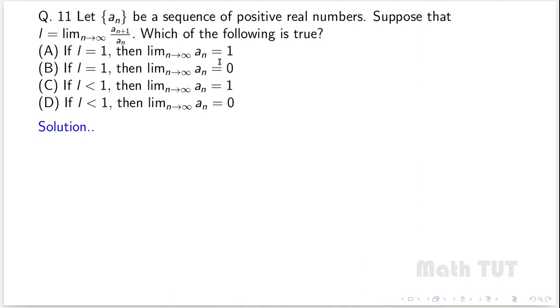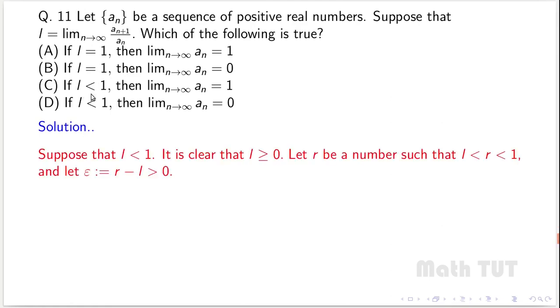So basically, first what I'm going to do here is I'm just going to check the case where we have L is less than 1. So we have this result given to us, and we are going to check which one of these is true if L is less than 1. So we assume that L is less than 1, and since an is a sequence of positive real numbers and this limit exists, we can say that L is greater than or equal to 0.